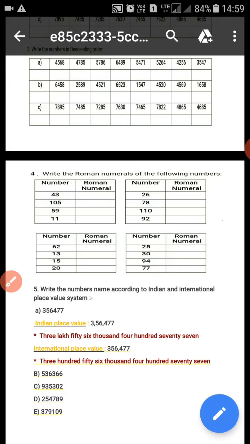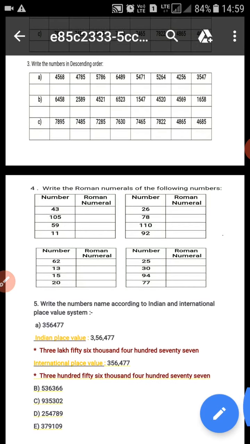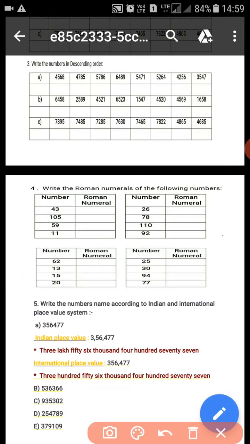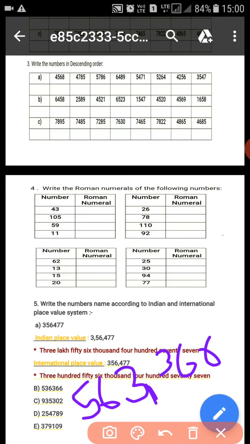Then how to write in the international place value? First we start from the right side. 663, then put a comma, because in the international system also, after 3 digits from the right side we put a comma. Okay, then 365.